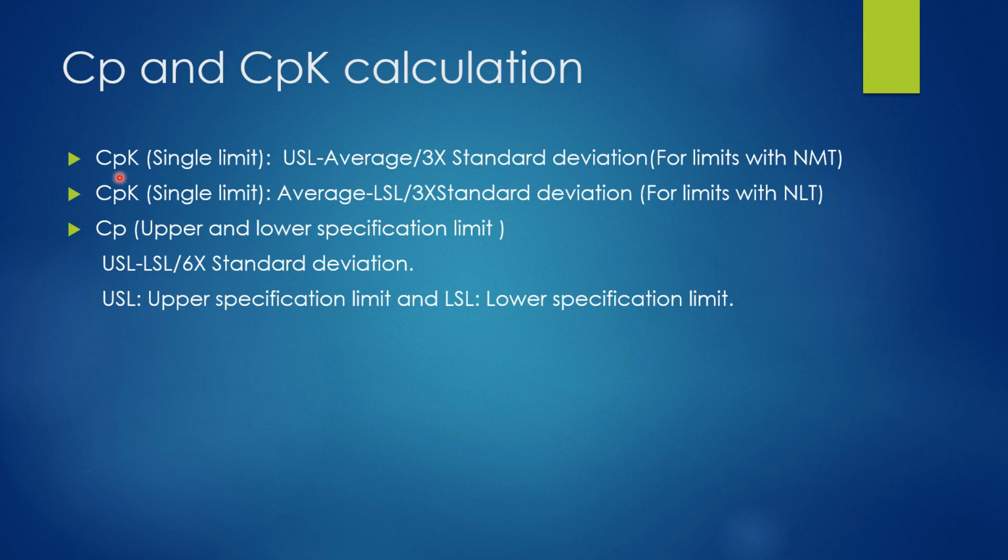So CpK can be used for a single limit. When we have a limit as not more than, we can use the following formula: USL minus average divided by 3 into standard deviation.